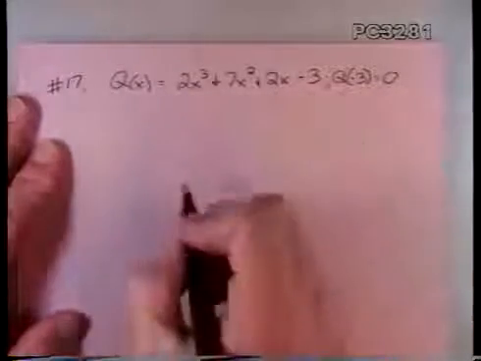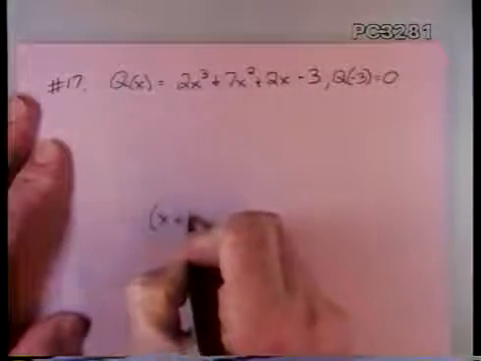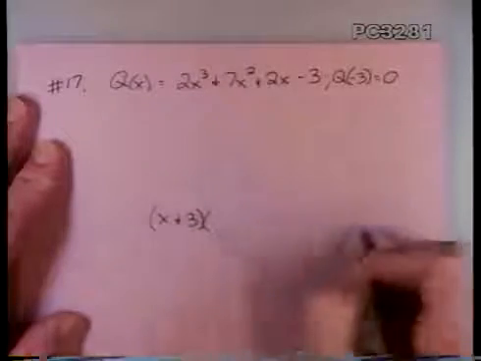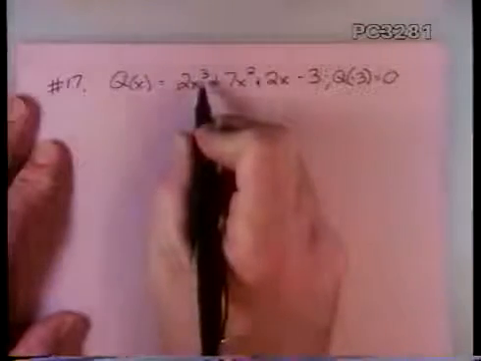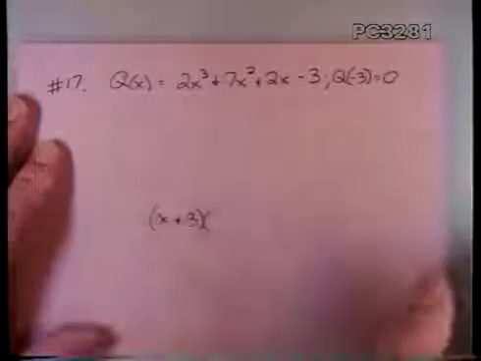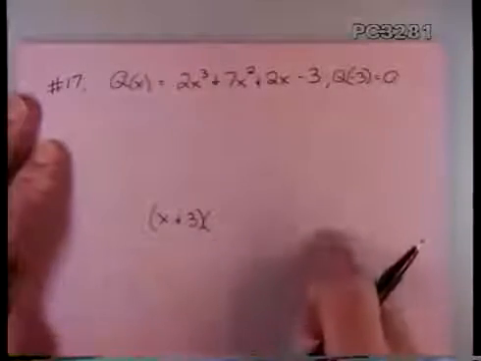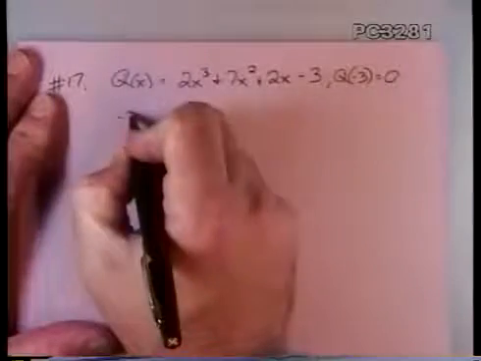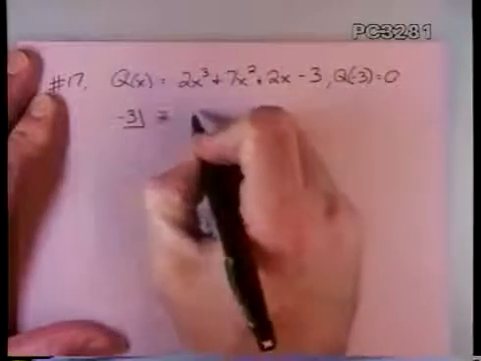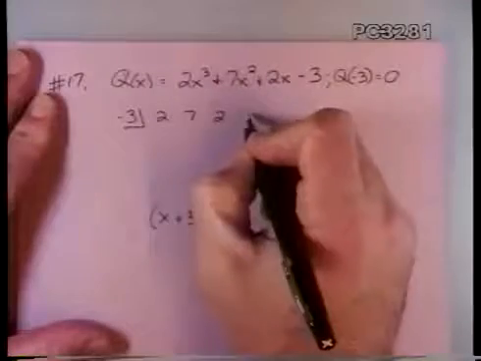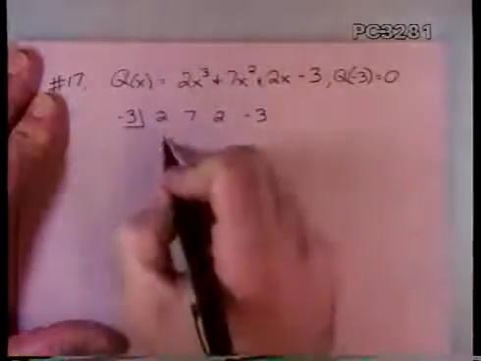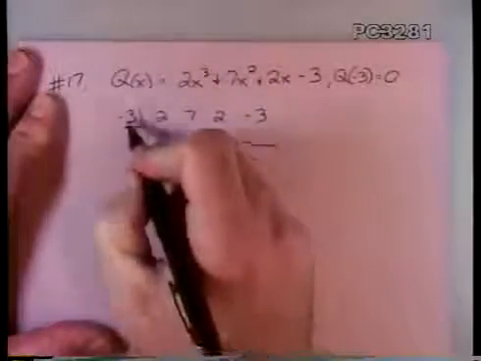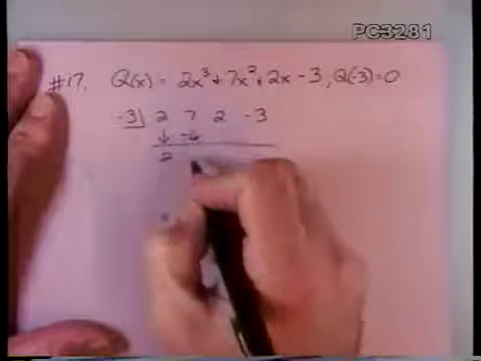So I know this is going to factor into x plus 3 times a second degree polynomial, a quadratic equation, which I can then factor. But I need to find that quadratic equation. And you find it by doing the synthetic division. So negative 3, and I'm going to have 2, 7, 2, negative 3. Bring this down. Negative 6 plus 7 gives you 1.